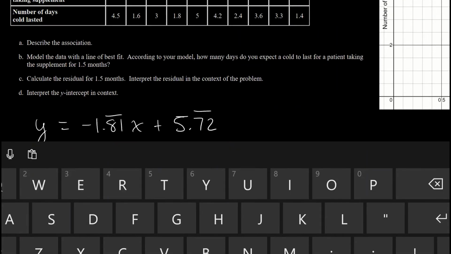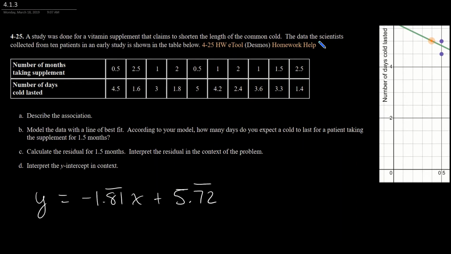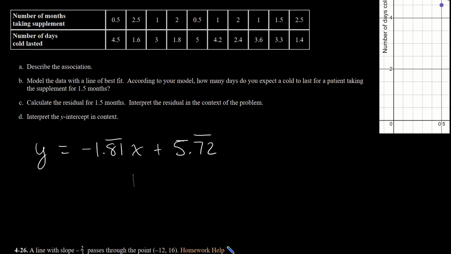So if I want to get out of here, I'm asking my model, hey, for 1.5 months, if I put 1.5 in, tell me about how long my model says the cold will last. So let me grab my calculator. I did not use the repeating decimal, so I just used negative 1.81 and the positive 5.72.